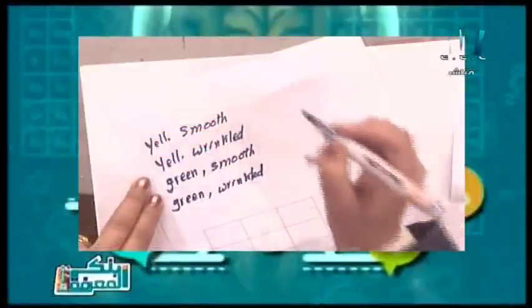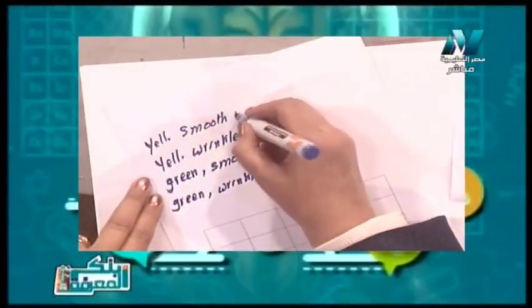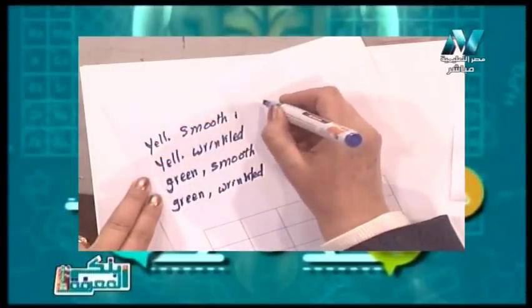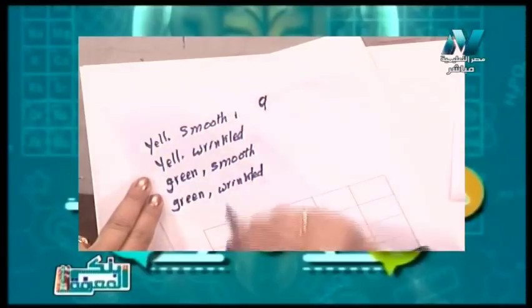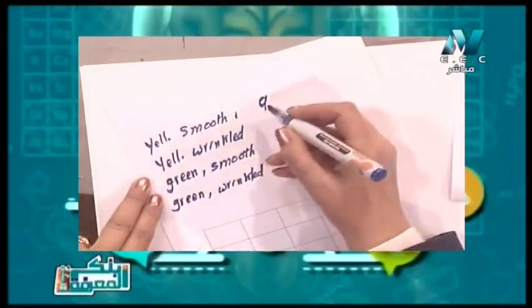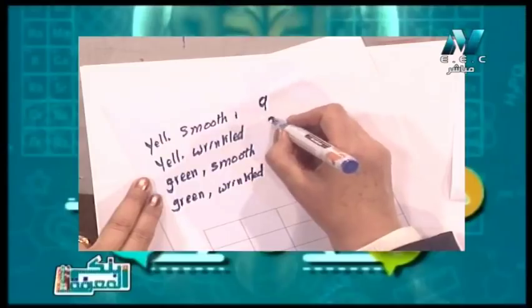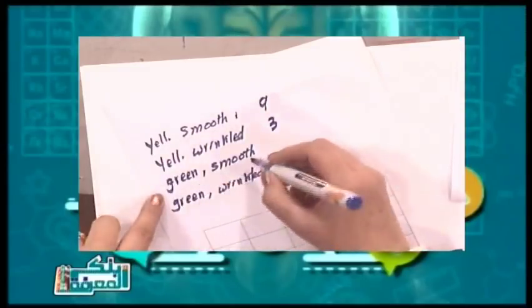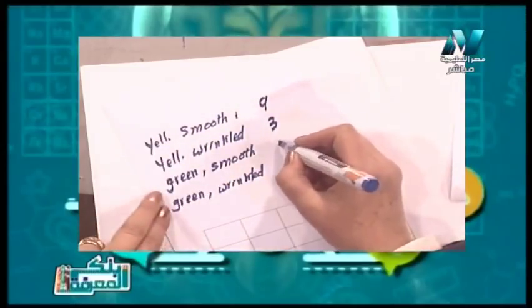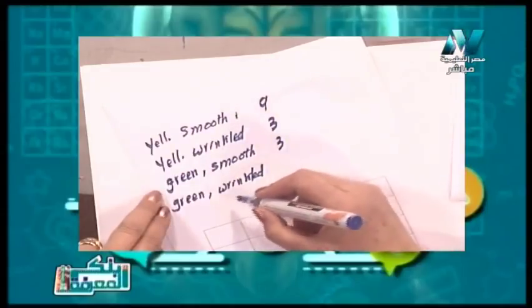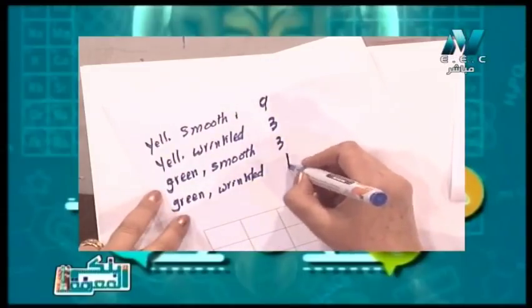By counting the numbers of individuals having these phenotypes, we will find that for yellow and smooth seeds, they are 9. For yellow and wrinkled seeds, they are 3. For green and smooth seeds, they are 3. For green and wrinkled seeds, they are 1.